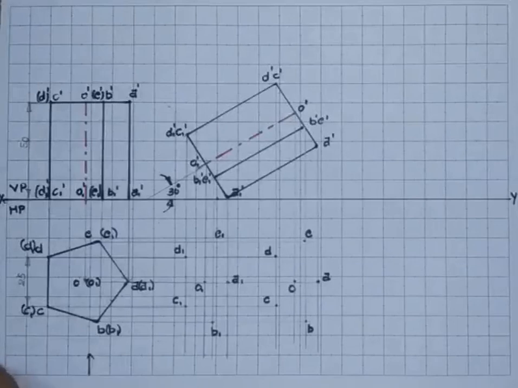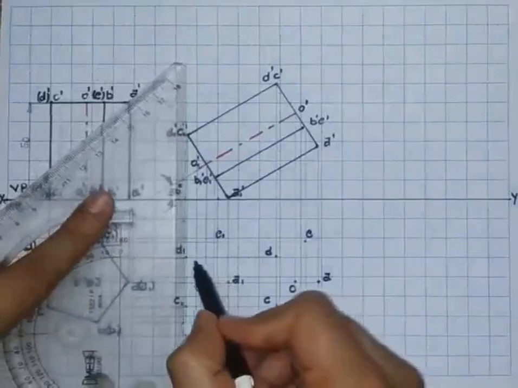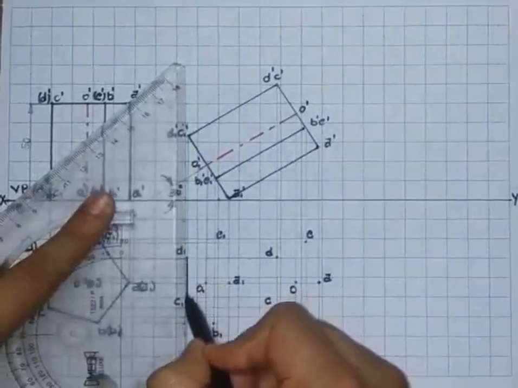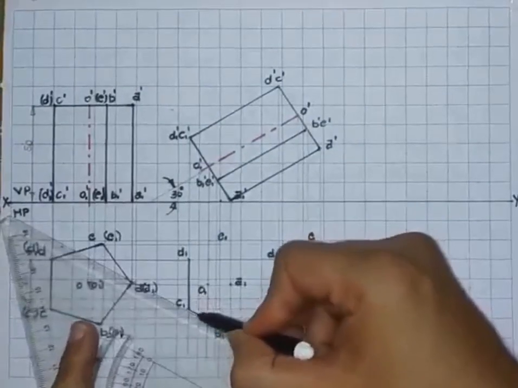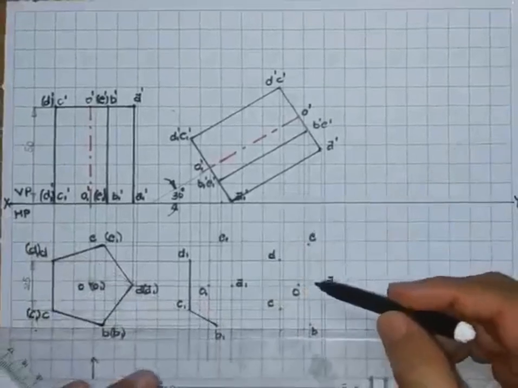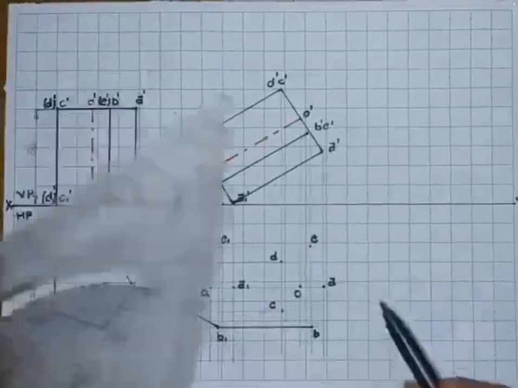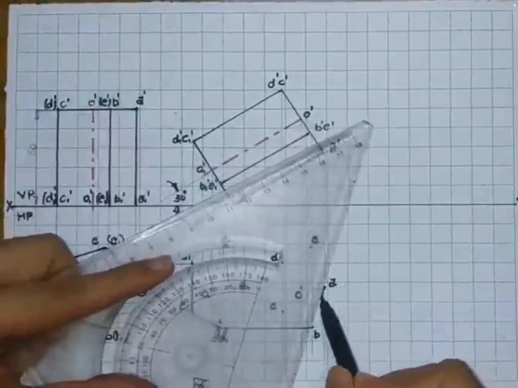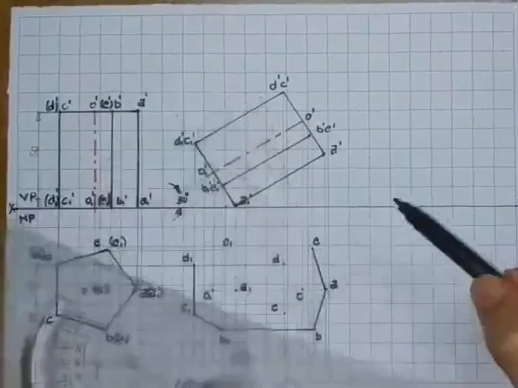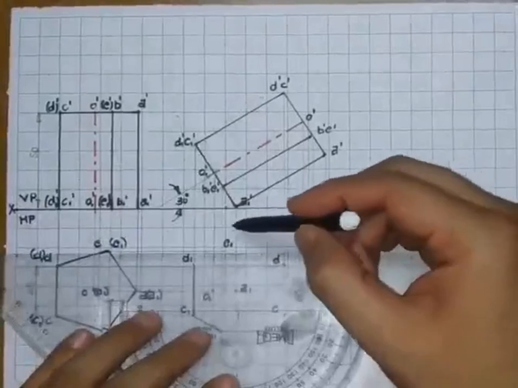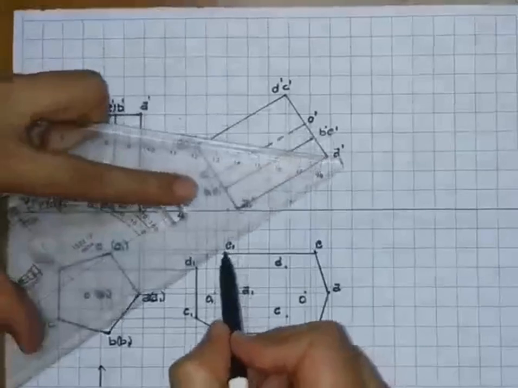Now by applying the rule of visibility, I am going to complete the second top view. First I am going to connect all the boundary points: D1 to C1, C1 to B1, B1 to B, then B to A to E, E to E1, and then E1 to D1.